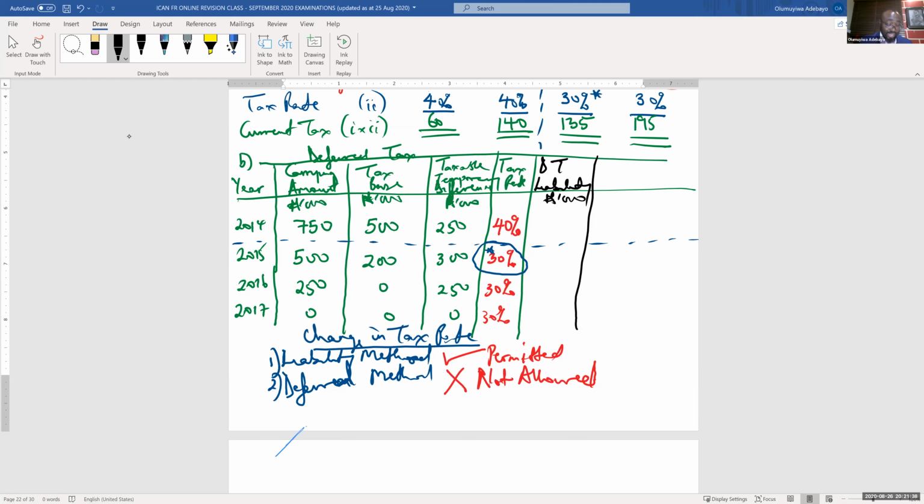Now, to determine that, what do we do? 40% times 250 in year one, that gives us 100. Year two, 30% times 300, that gives us 90. Year three, 30% times 250, that gives us 75. And year four, 30% times 0 gives us 0.